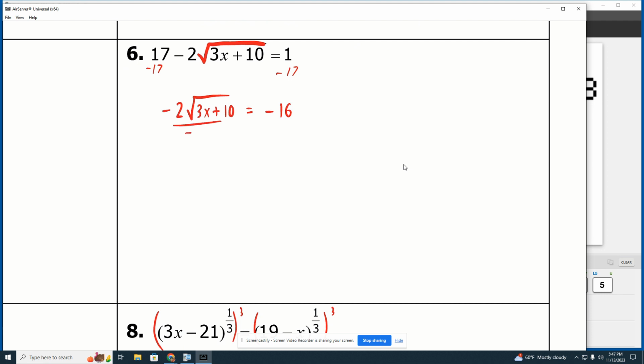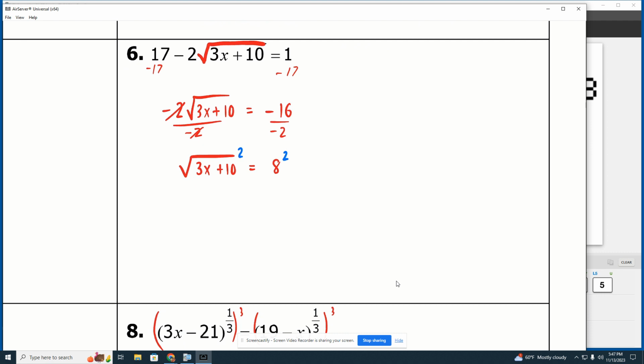So I'm going to divide both sides by negative 2. This will cancel, leaving me the square root of 3x plus 10 equals 8. Okay, now we're ready to go ahead and get rid of this radical here. And we do so by raising it to the power of the root. And that root is 2, square root.